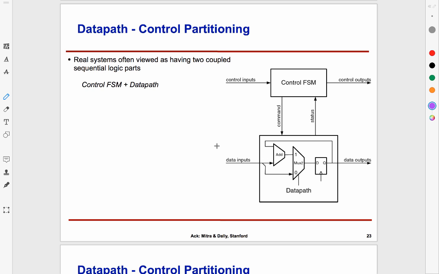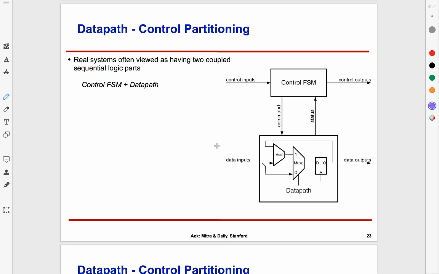And the two talk to each other. The control signals, which help make the data path do the right thing, come from the FSM. And then the output of the data path goes back to the state machine. It tells the state machine, hey, there is an overflow, or I'm done, or those kinds of things. So the two talk to each other.